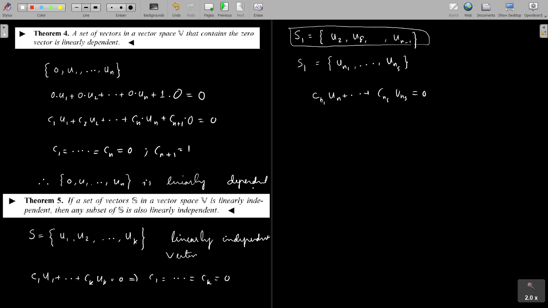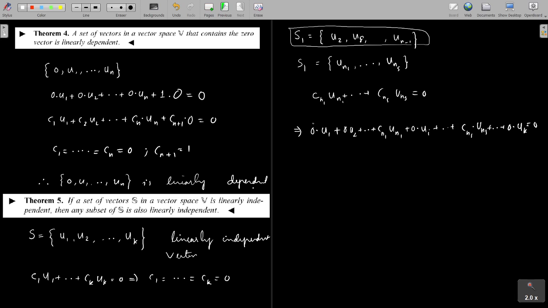So once you assume this, you can rewrite this expression by adding 0 from the left side, replacing that 0 by 0 times u1, 0 times u2, plus etc., Cn1 times un1, plus etc., 0 times the other ui's, plus etc., Cns times uns, plus etc., 0 times uk, equal to 0.